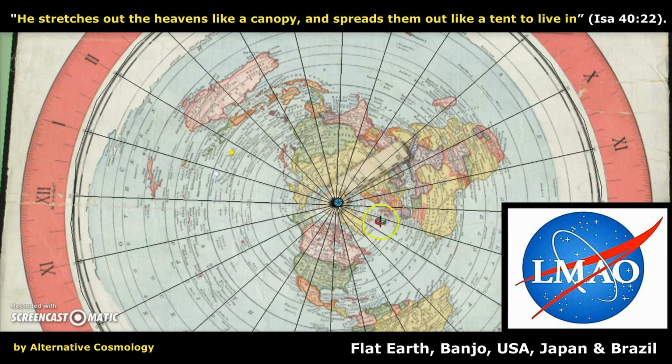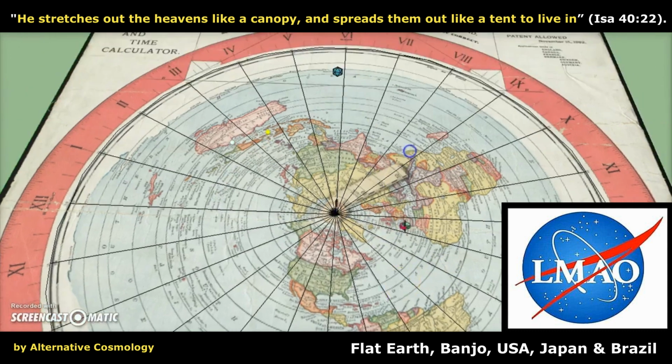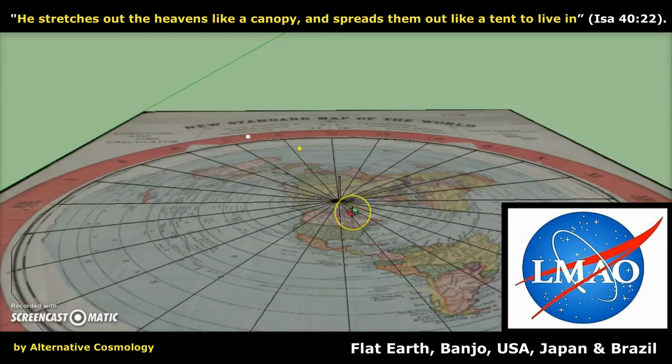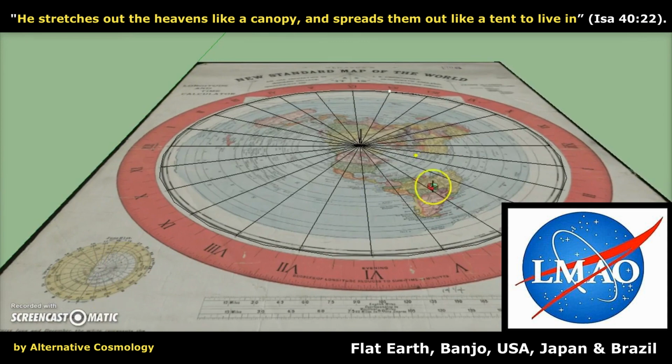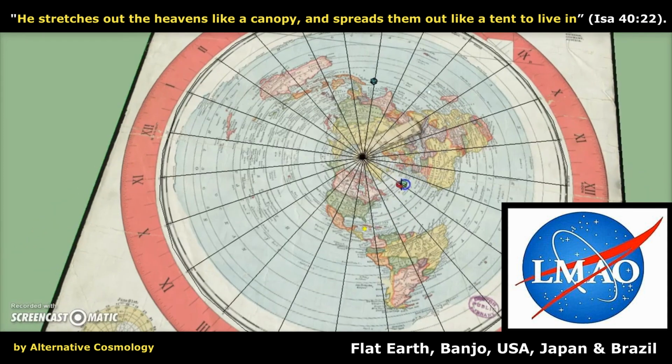So this is my 28-day cycle of the moon. Let's get another angle here. So you can see how the sun and moon traverse the flat earth plane according to Vedic cosmology. And of course, the sun lights up half the plane at any given moment.